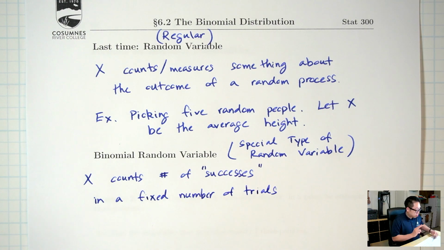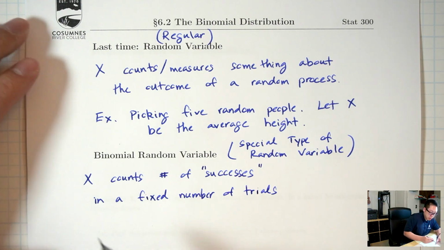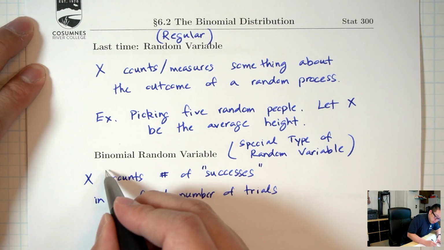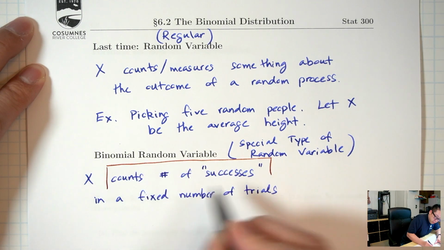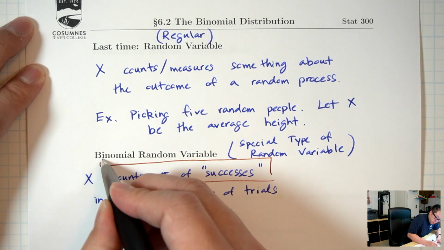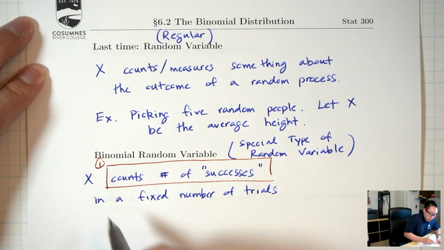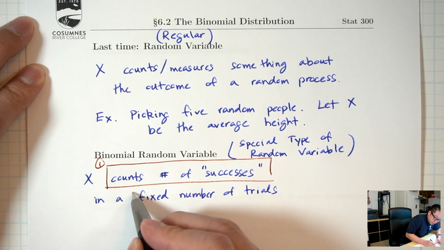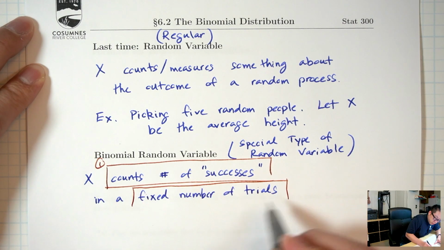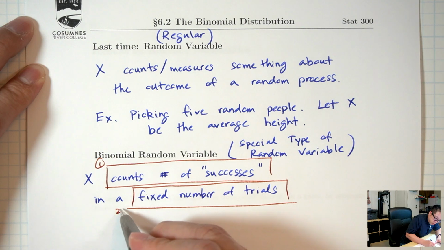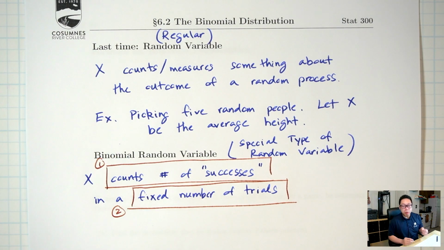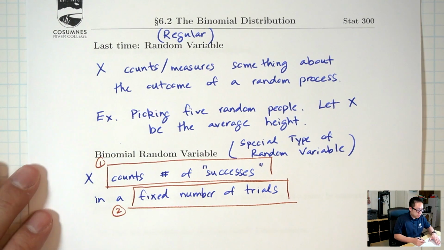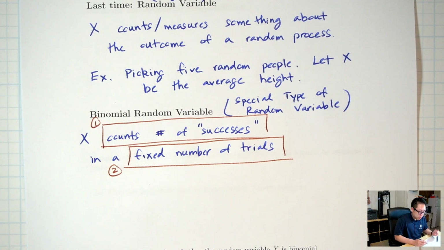So these are the 2 main requirements. One, that it's counting the number of successes. And 2, it's a fixed number of trials. In other words, you're doing the random process a fixed number of times. There are 2 other requirements, which I'll write here.